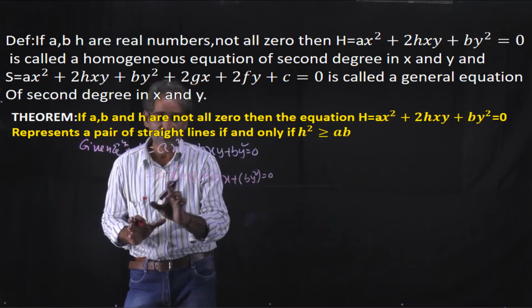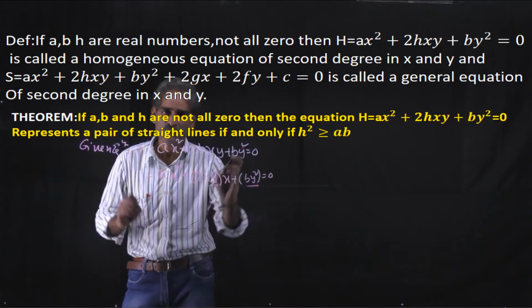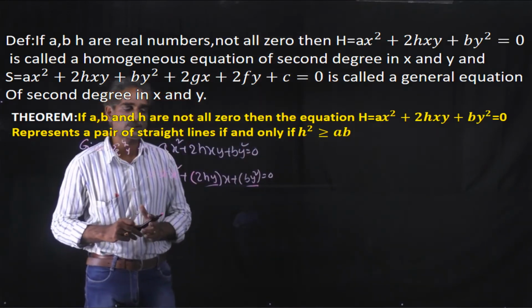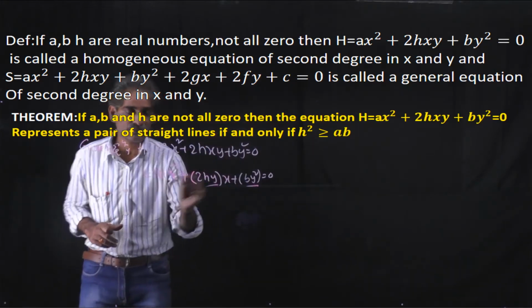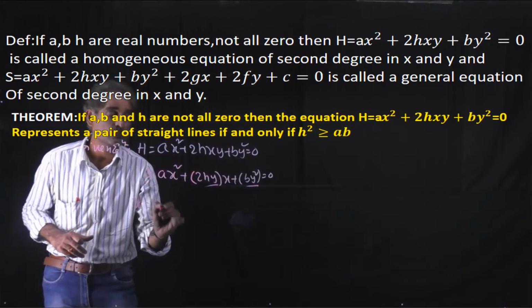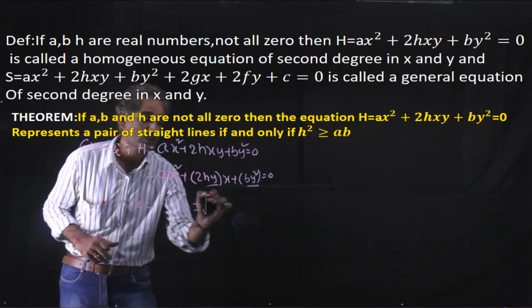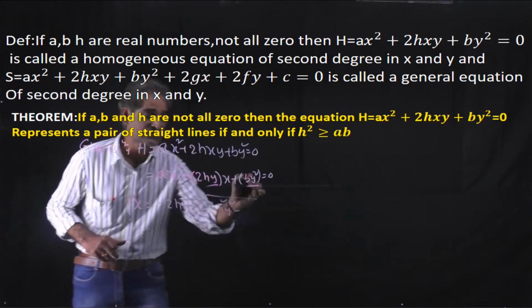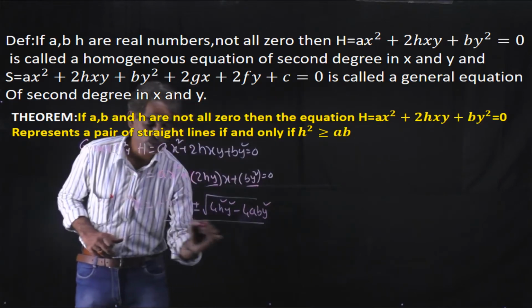Now it is in the form of ax square plus bx plus c because it is a constant. Let us assume for some time y is a constant. Then it becomes ax square plus bx plus c. So try to find out the factors. From this, x is equal to minus 2hy plus or minus root of 4h square y square minus 4aby square, by 2a.